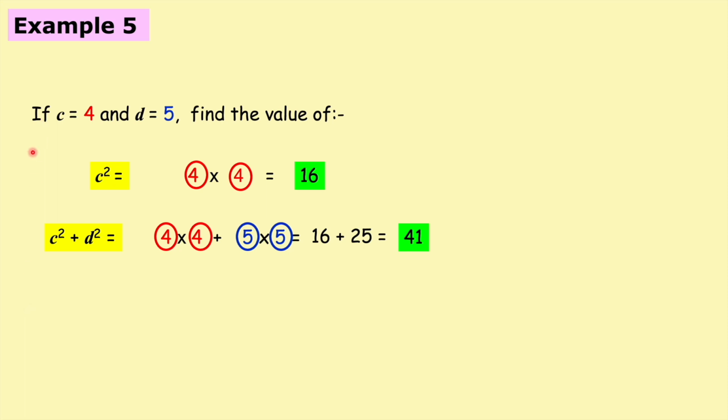And our last example is going to be d squared subtract 7. So we need to work out d times d first, which is 5 times 5, subtract 7. Working out our 5 times 5 first, which is 25, then subtract 7 to get 18. So squaring a term is timesing it by itself.